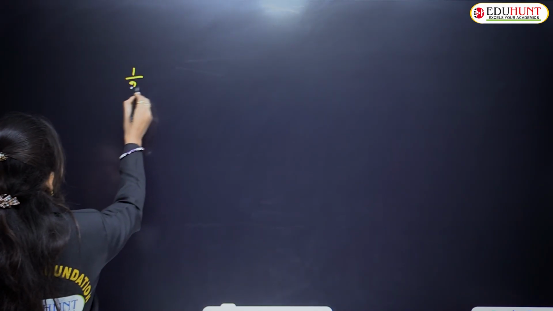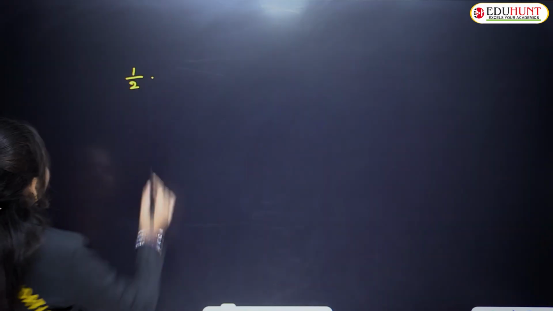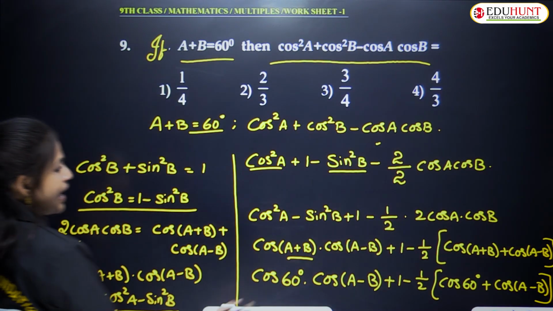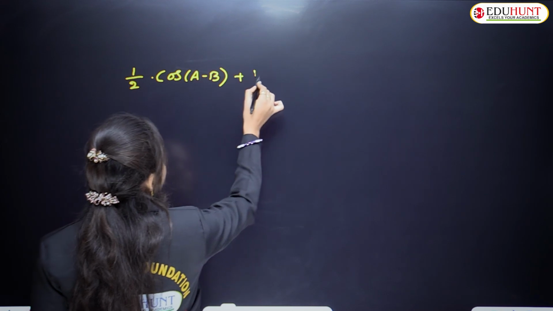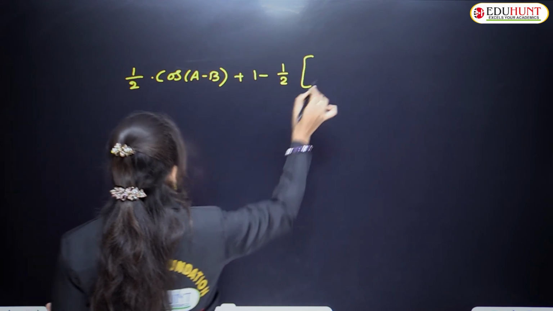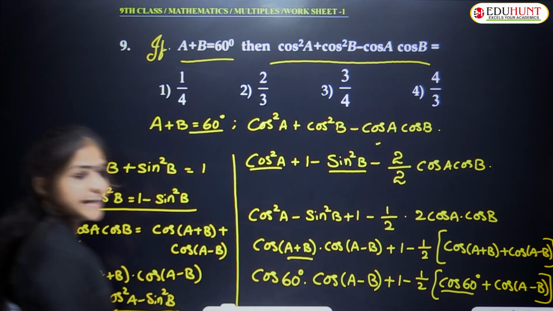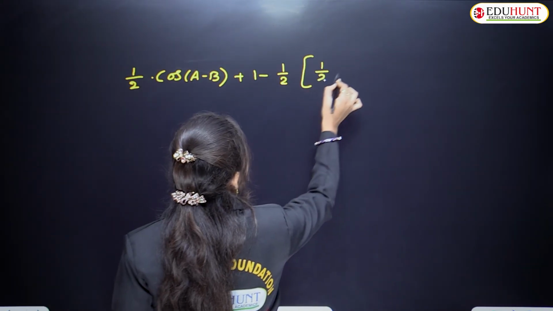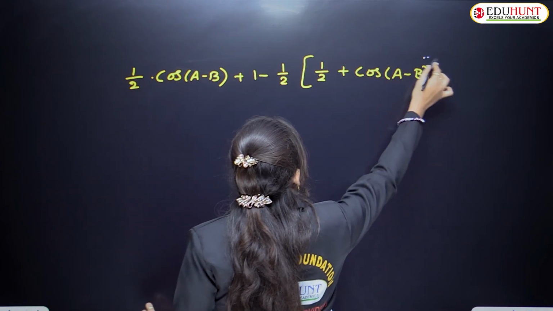So it equals 1 by 2 into cos of a minus b, plus 1 minus 1 by 2 into 1 by 2 plus cos of a minus b. These are the leftover terms, no?